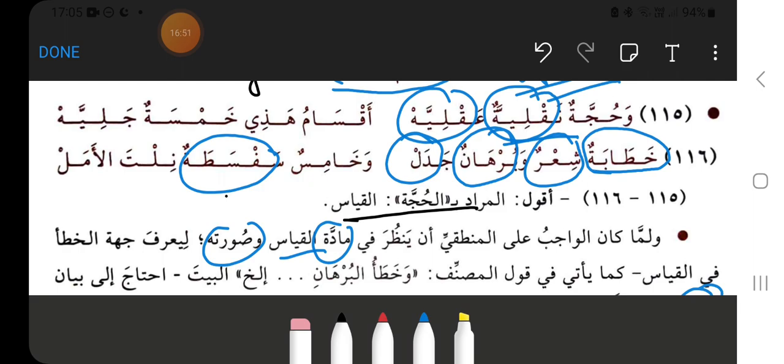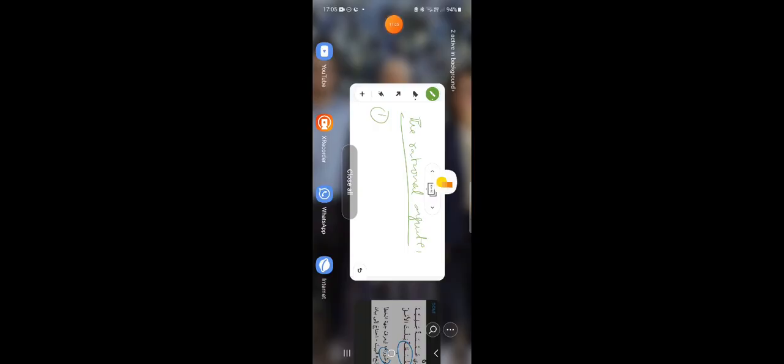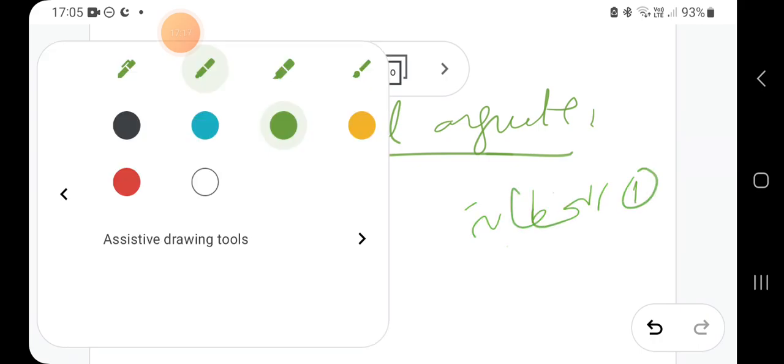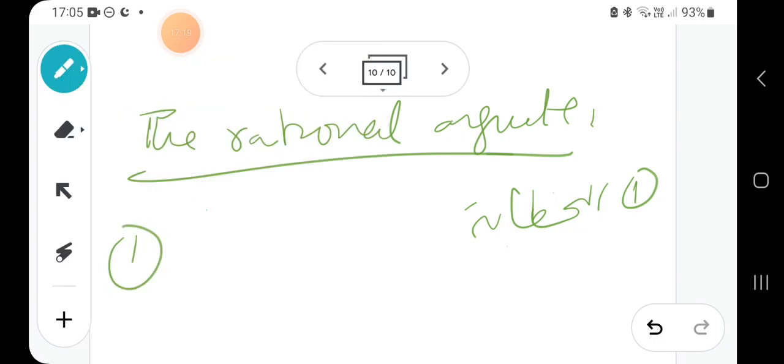But we'll see what their gradation is as to their strength in a minute. So there are five types, and his sequence in poetry: al-khitaba, which we can say is speech.